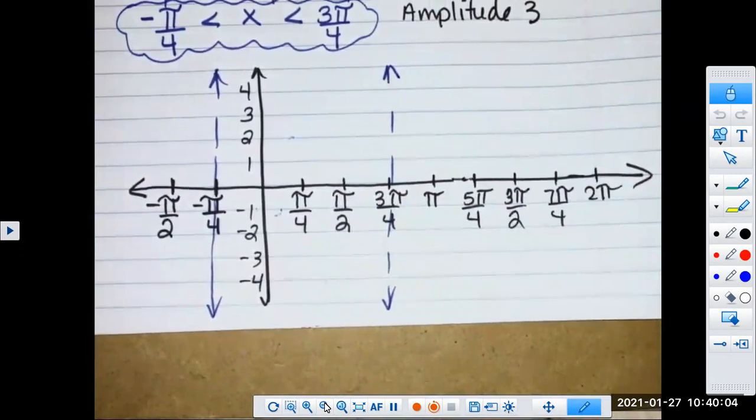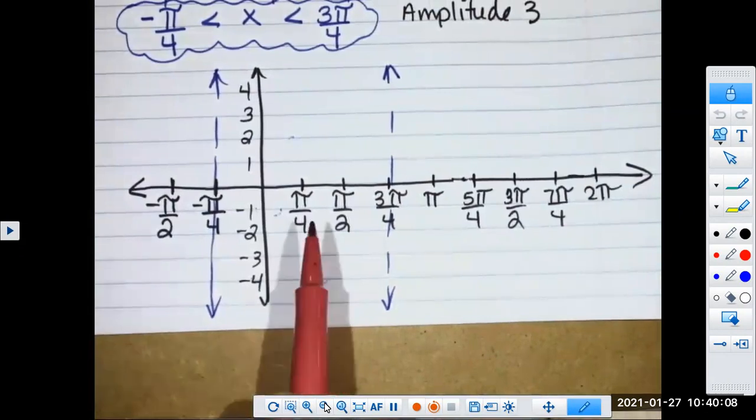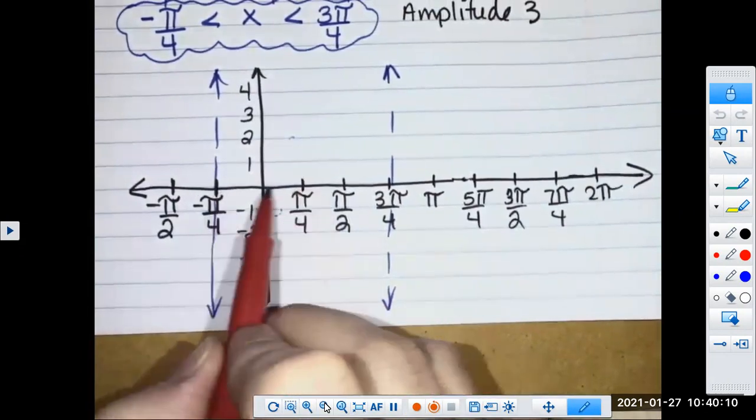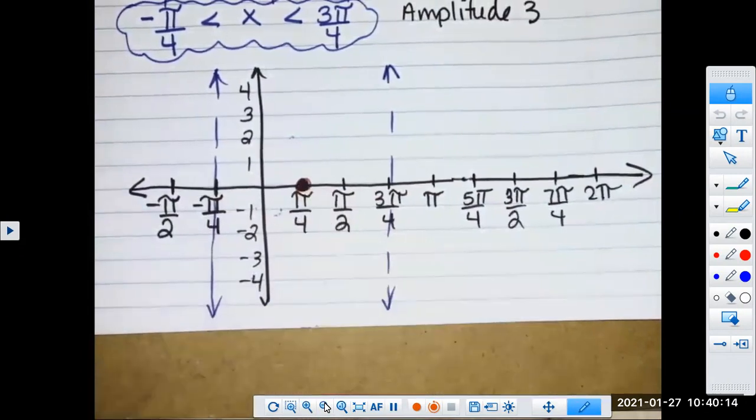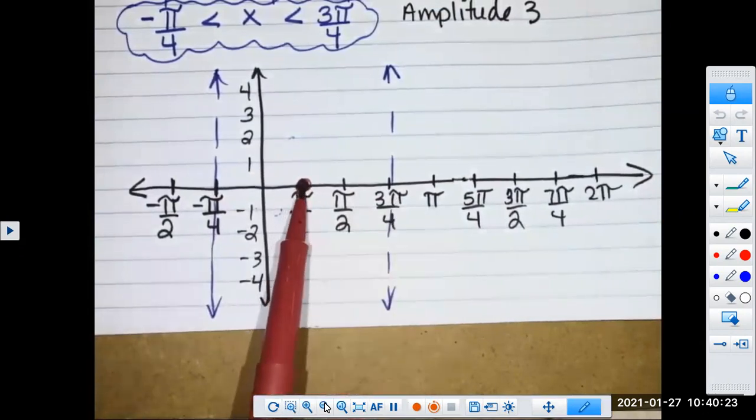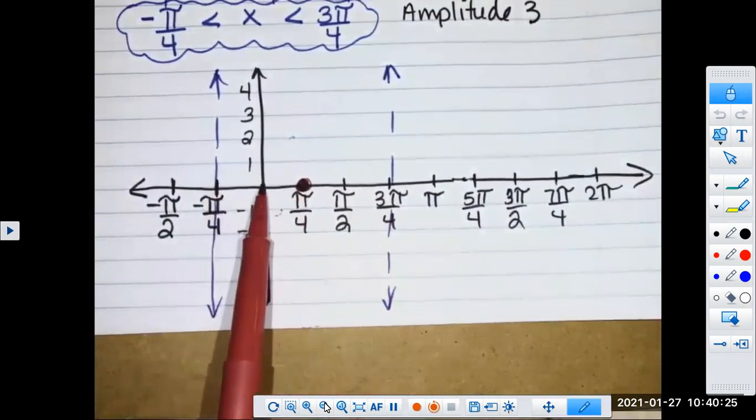Just like tangent, cotangent has a point on the x-axis halfway between your asymptotes. So halfway between my asymptotes would be here at pi over 4, 0. You're going to have a point that's halfway between that and the first asymptote.